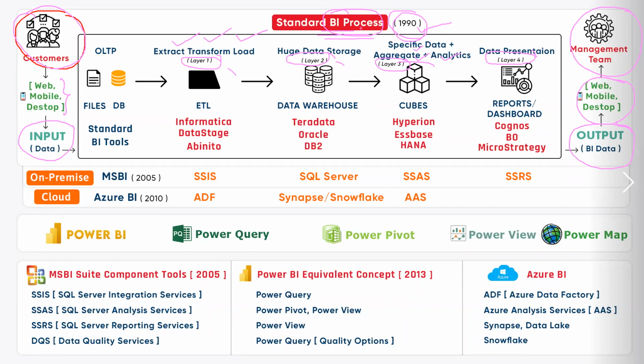I'm talking about the standard BA process. Extraction, transformation, loading, moving into a huge storage area, the data warehouse. From there to cubes. Cubes are a special kind of data holder which will hold aggregate and analytical data easily. Here we never hold aggregate analytical data. We go for this. The advantage is data presentation is easier.